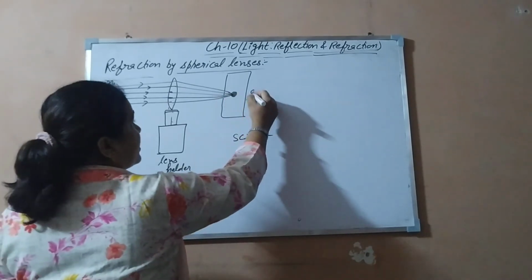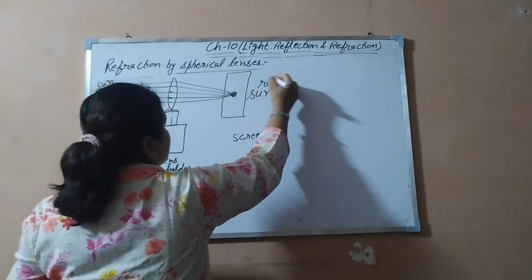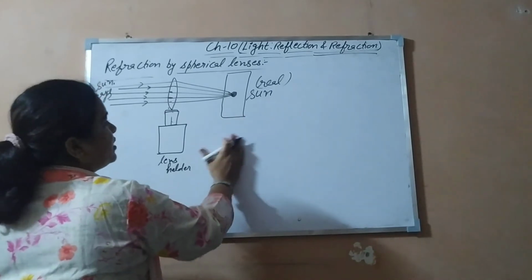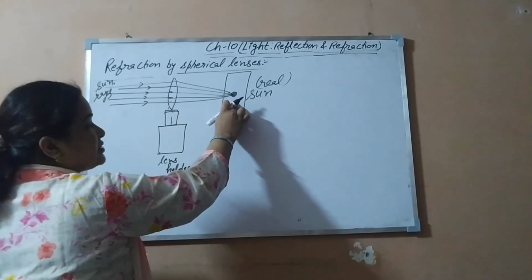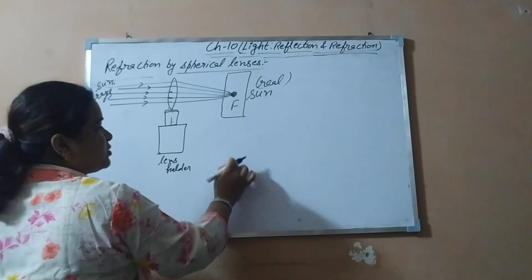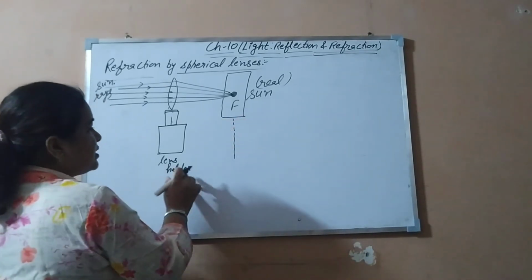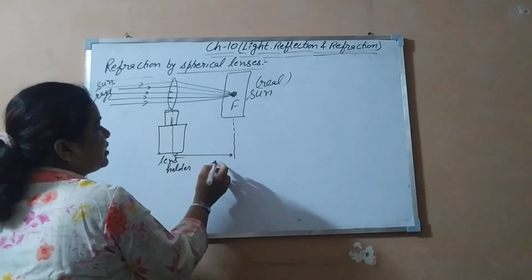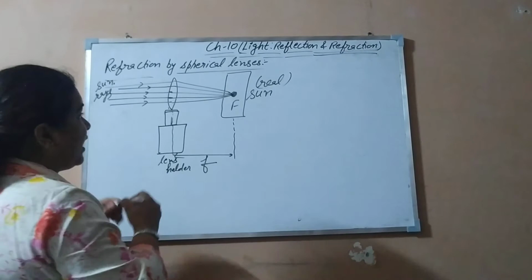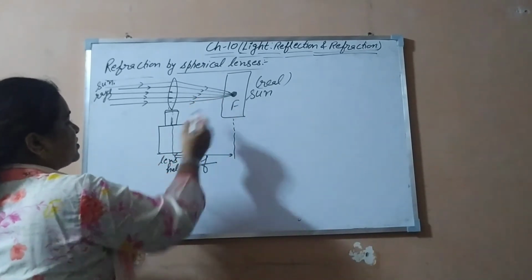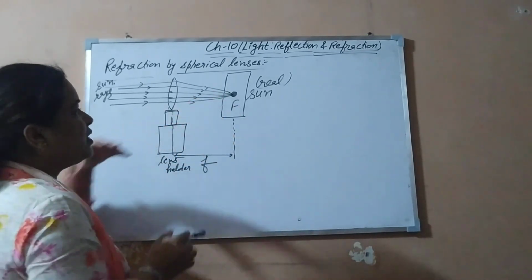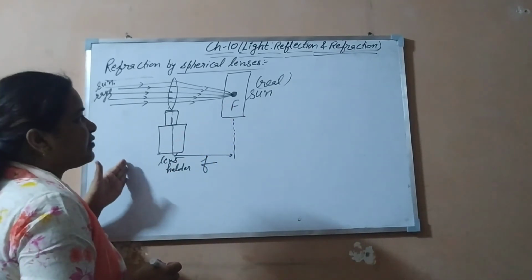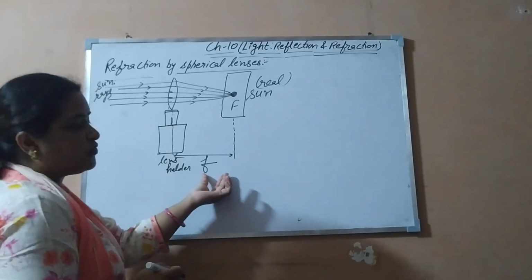This bright spot is the image of the sun. It is a real image of the sun on the screen. This position of the screen is known as the focus, and the distance between the lens and the screen is the focal length. If we keep the bright spot at one place for some time, after a while the paper will start burning. So this is the activity to find the focal length of the convex lens.